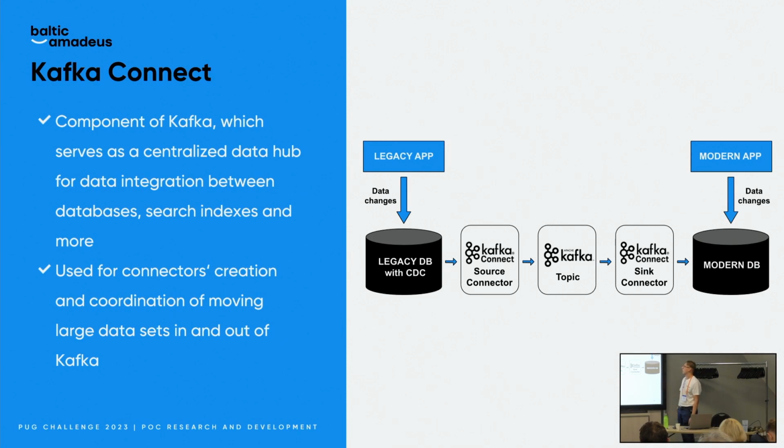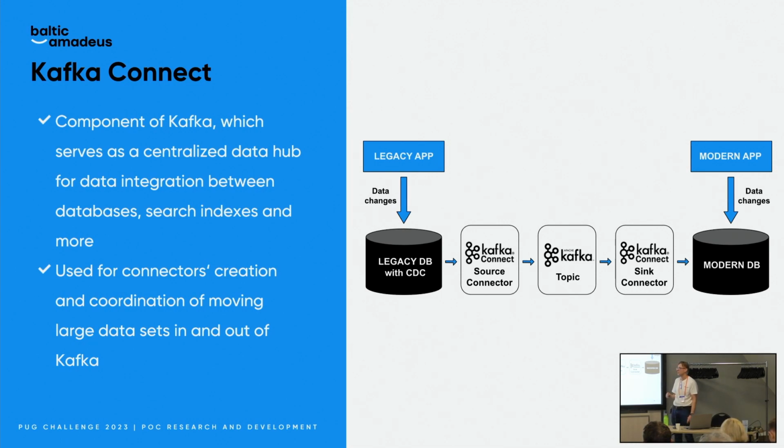So how has our diagram changed? Well, we still have the same Kafka topic, except we have Kafka Connect's source connector, which initially was used for initial data transformation. So we got the data from the legacy database, and then we would transform it into the specific JSON format, because Kafka actually expects to have it in a very specific format.